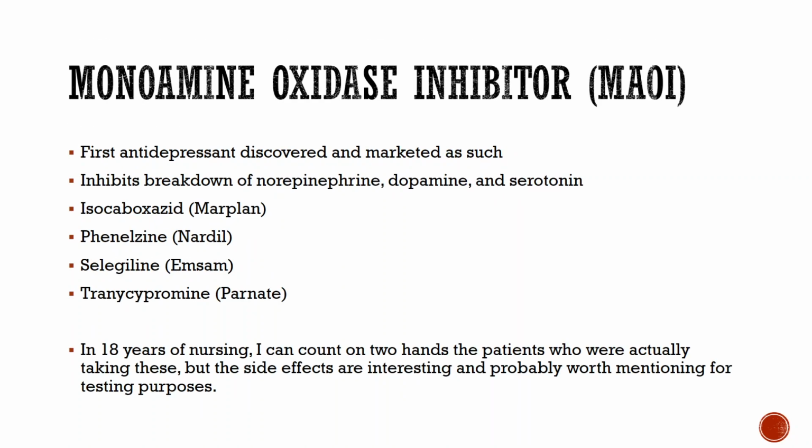Monoamine oxidase inhibitors or MAOIs, which I've told you about, we don't use hardly at all anymore. It was the first antidepressant discovered and marketed as such. It kind of has an interesting history.